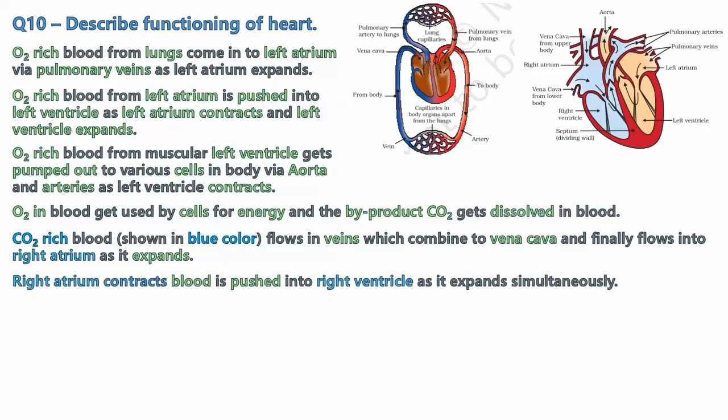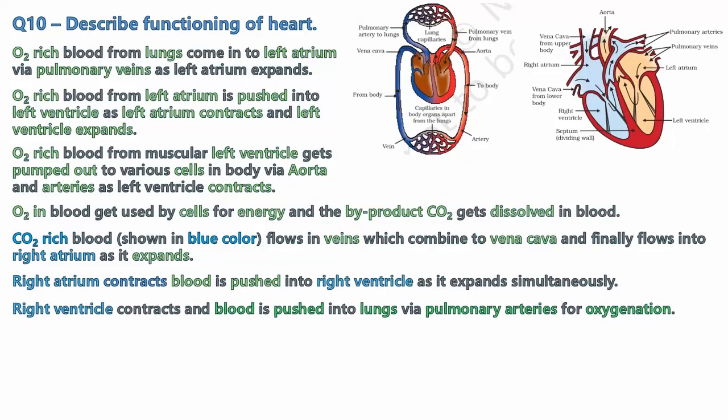The right atrium contracts and the blood is pushed into the right ventricle. Okay, this is the 4th chamber, right? First chamber is the left atrium, second chamber is the left ventricle, third chamber is the right atrium, and fourth chamber is the right ventricle. So when the right atrium gets the carbon dioxide rich blood and contracts, the blood is pushed into the right ventricle which expands.